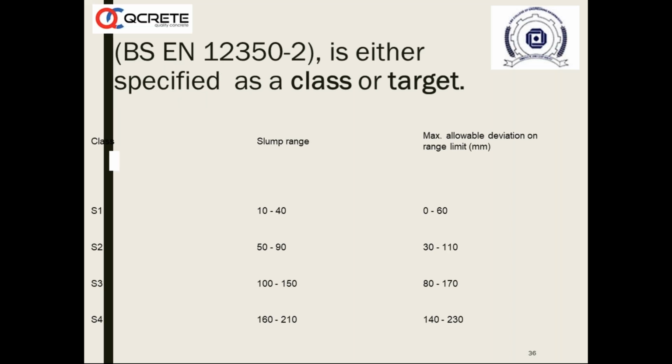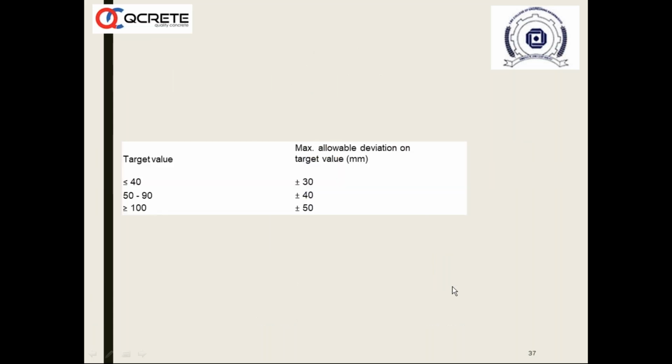There are other codes like the BS EN 12350 code, which talks about ranges. For example, they don't specify the slump, they say class S3. If somebody wants 100 to 150 mm pumpable concrete, he will say S3, you supply S3 slump. And here, the maximum allowable deviation is 80 to 170.